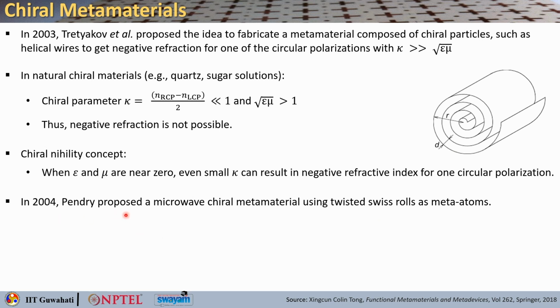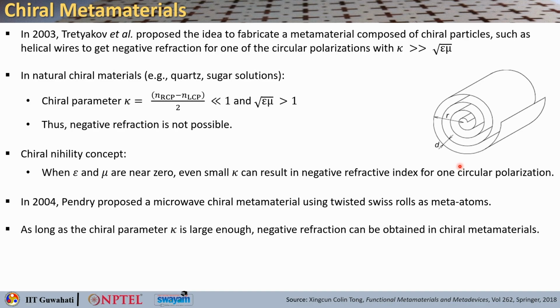So, in 2004, Sir John Pendry proposed a microwave chiral metamaterial, which was using twisted Swiss rolls as meta-atoms, and as long as the chiral parameter kappa was large enough, a negative refraction could be obtained in chiral metamaterials. So, this was shown after 2004.